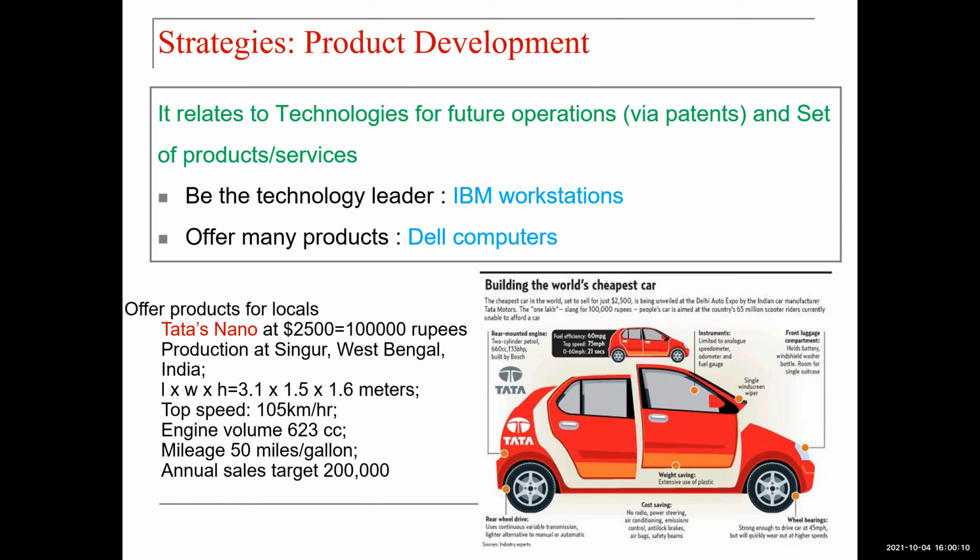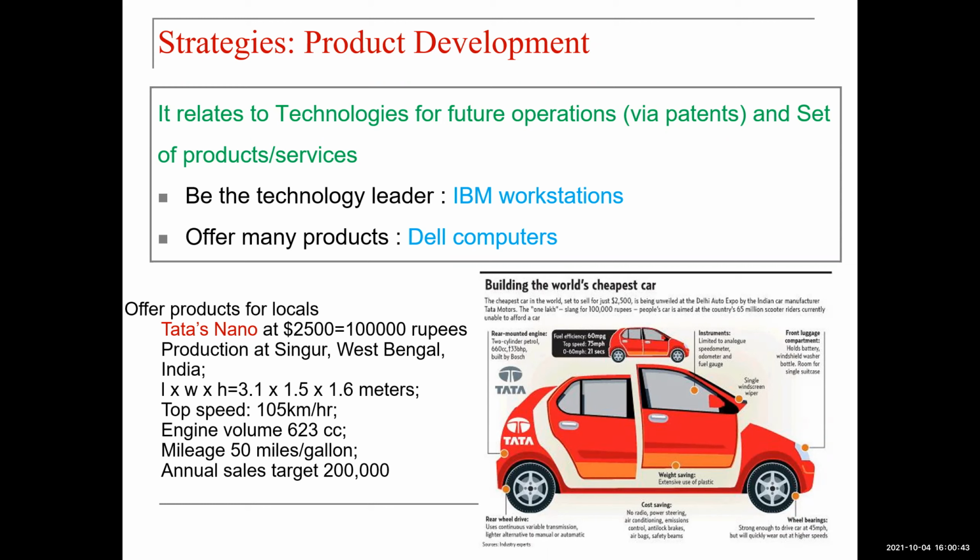So, be the technology leader. For example, at some point, IBM workstations were the only ones many universities were using, and companies like Dell offered many products. Another example is offering products for locals, and this was in India. They were producing a car that was very cheap and met the needs of the people in that country.